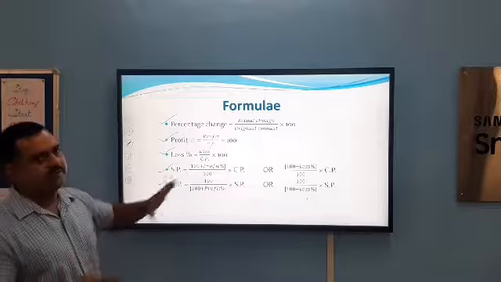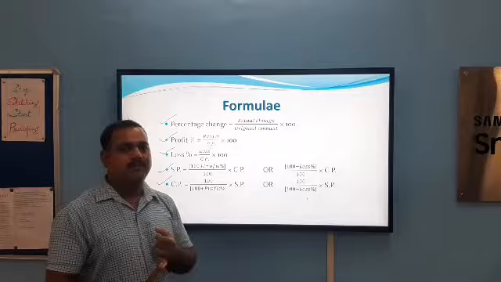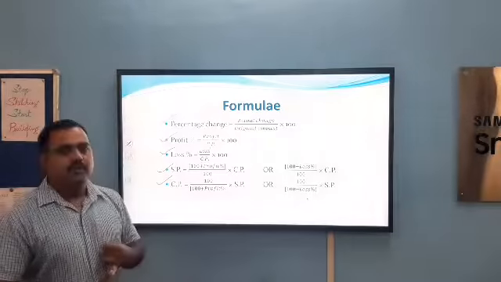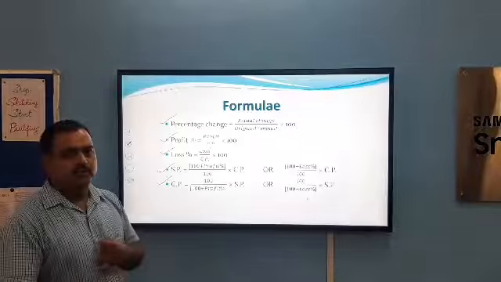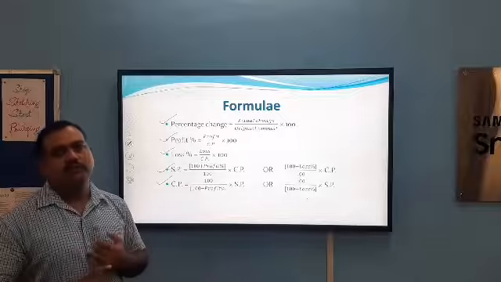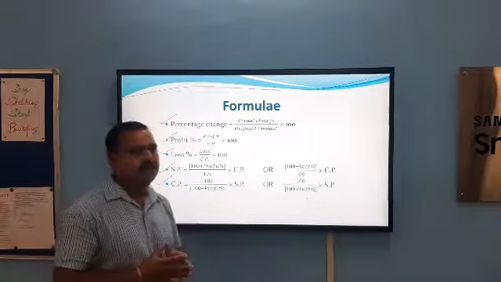Here these formulas we have to write while solving the problems. In every problem, before solving, we write the formula which is used so that we can easily remember these formulas.